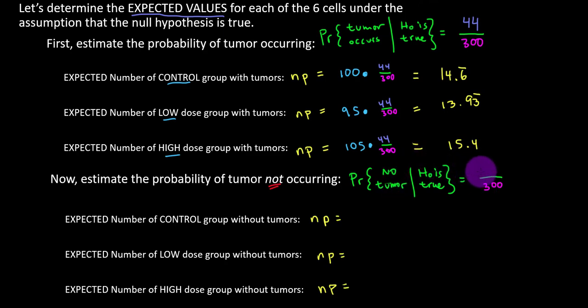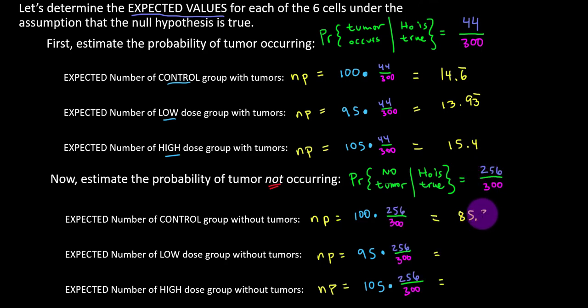Well, that was the 256. So that is going to be the p for all of these. The n is, again, the number of rats in the control group, in the low dose group, and the high dose group. We will multiply by this probability here.